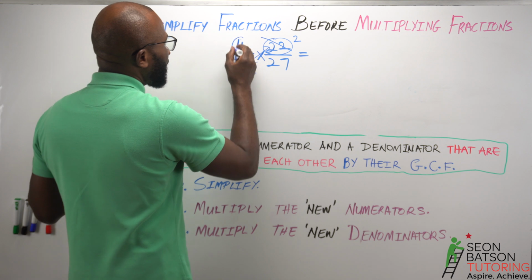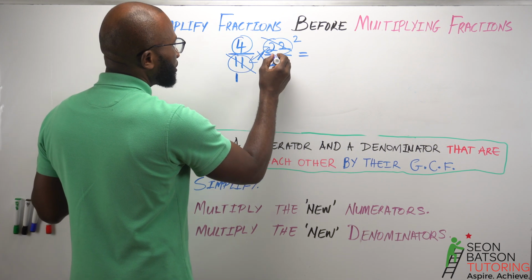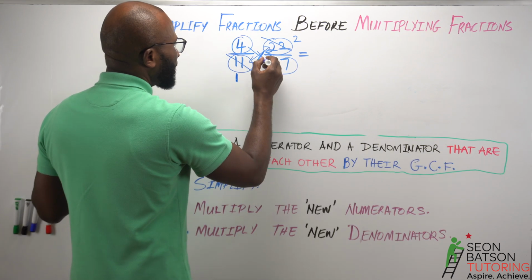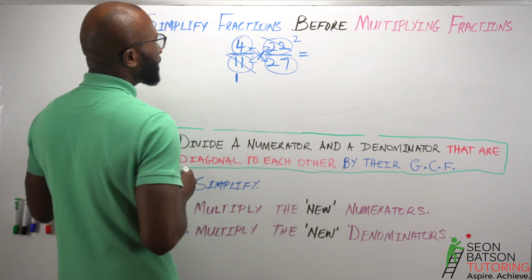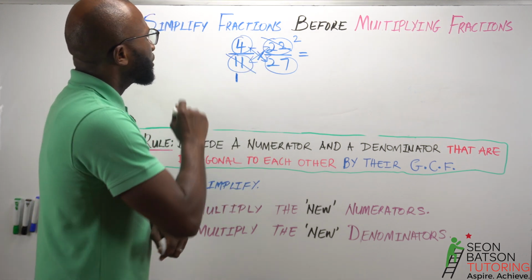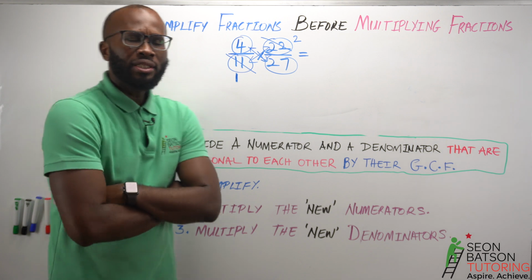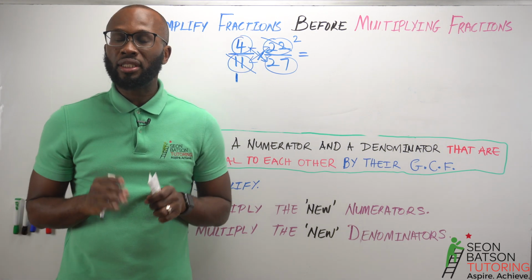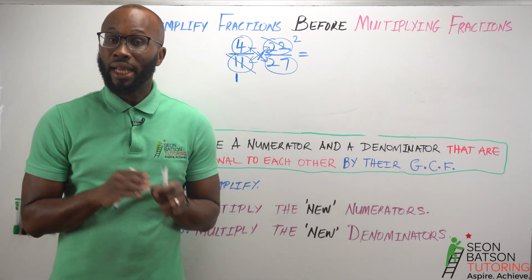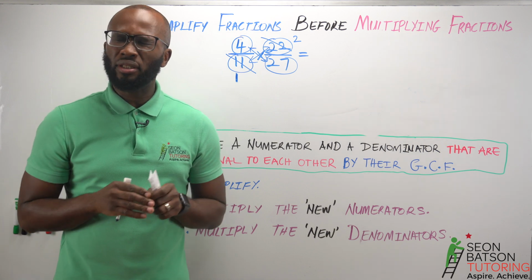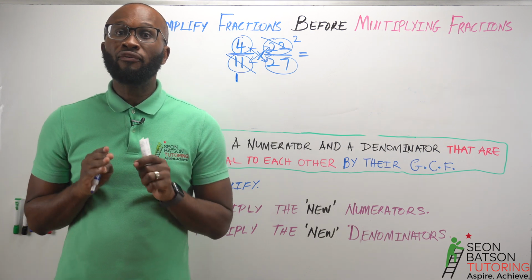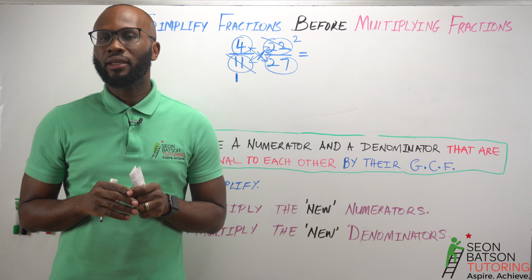We want to simplify 4 and 27. We can simplify them because they are diagonal to each other. To simplify 4 and 27, we will have to find the greatest common factor for 4 and 27, or the biggest number that can go into 4 and 27 evenly. Yes?